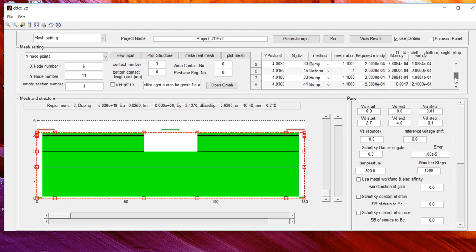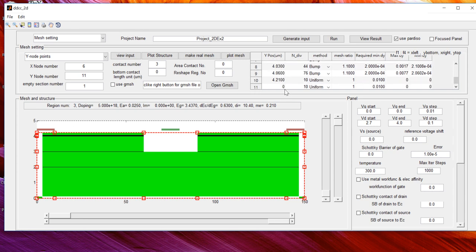Okay. And you can find that there's one more point appearing here. So how much is it? 100 nanometers. For the layer? Yeah. So it's 4.31, and I want to bump.